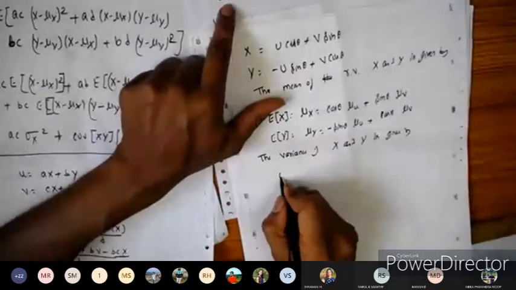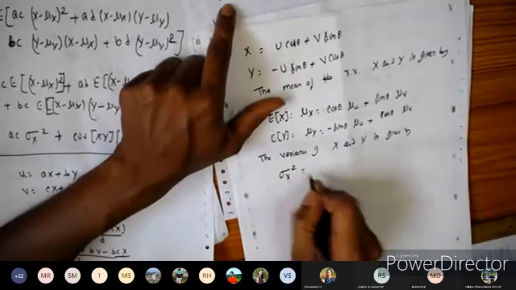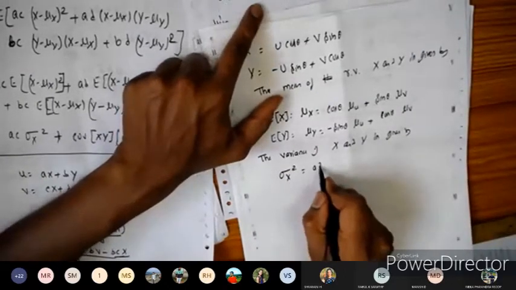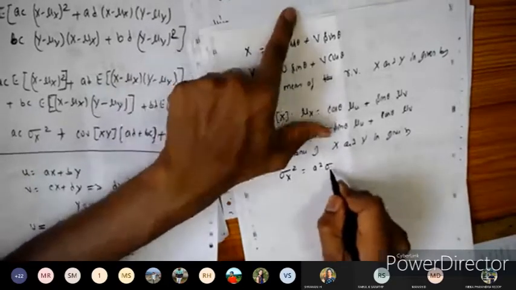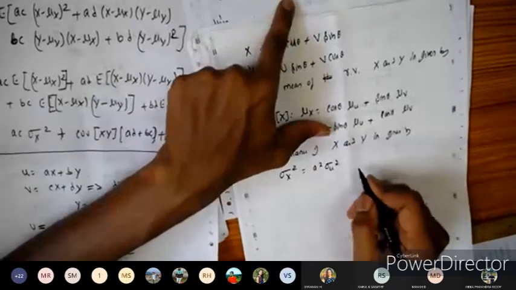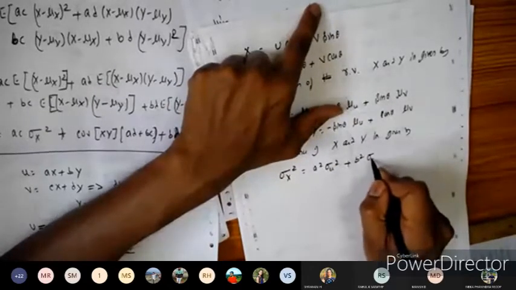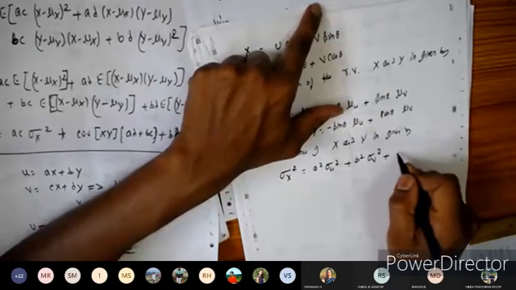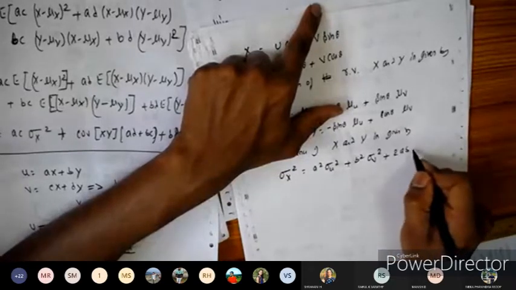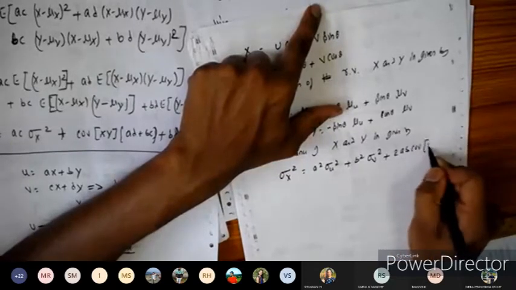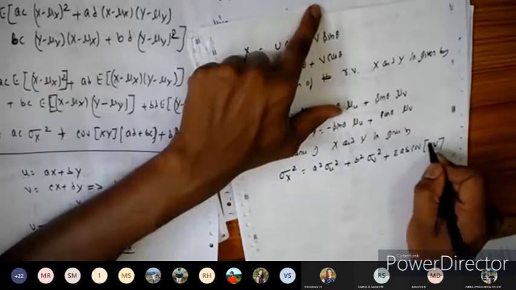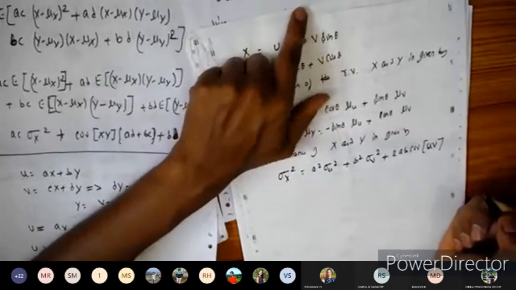So it is sigma x square, changing the variable accordingly: a square into sigma u square, the first variable is u here, plus b square into sigma v square, the second variable is v here, plus 2ab into the covariance of the random variables u and v.